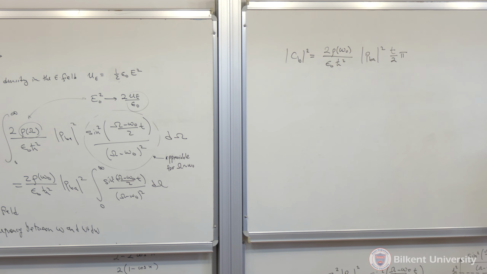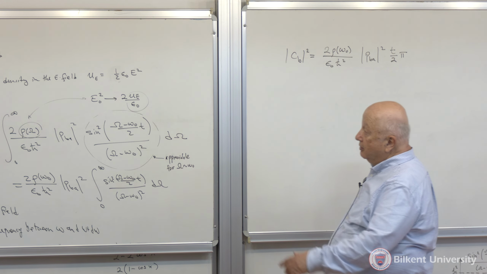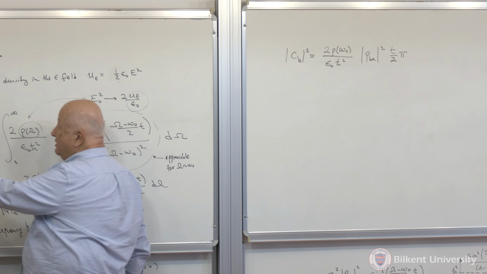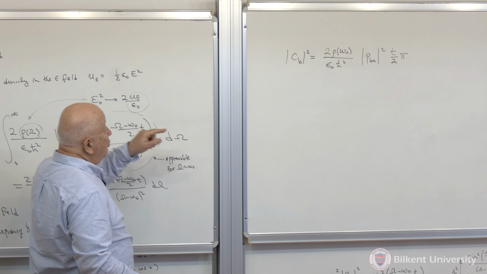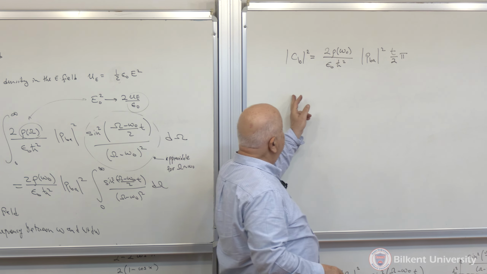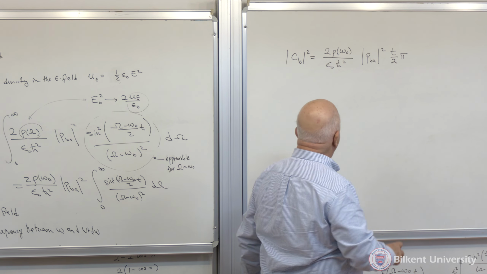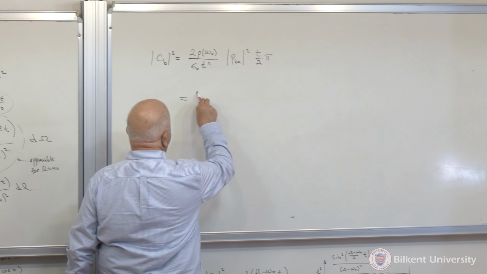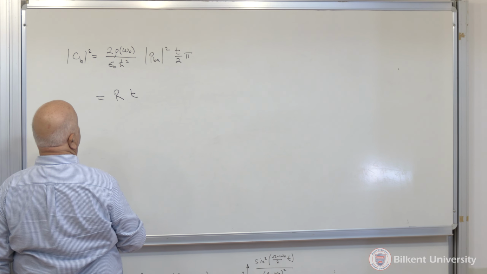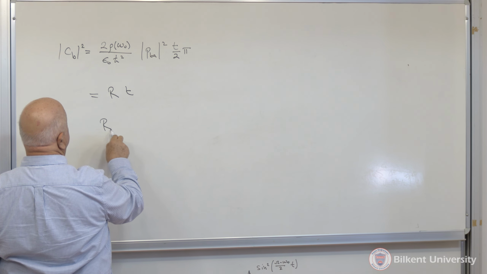Okay, so now we have a nice transition rate due to all of these effects, when I go from state A to B. So if I write this as some rate times time, that's the transition rate.